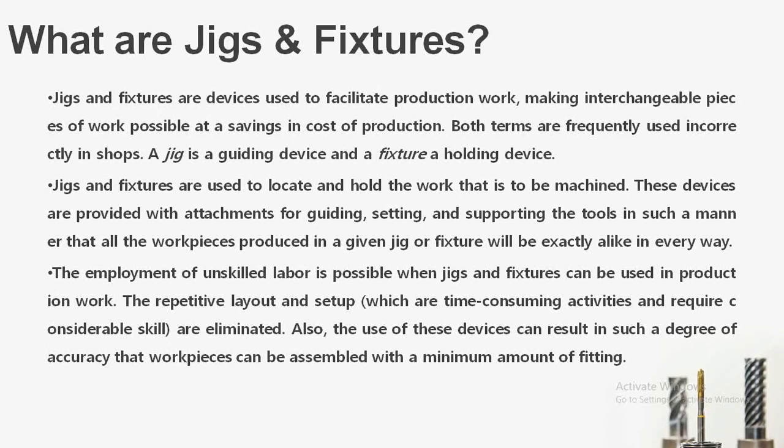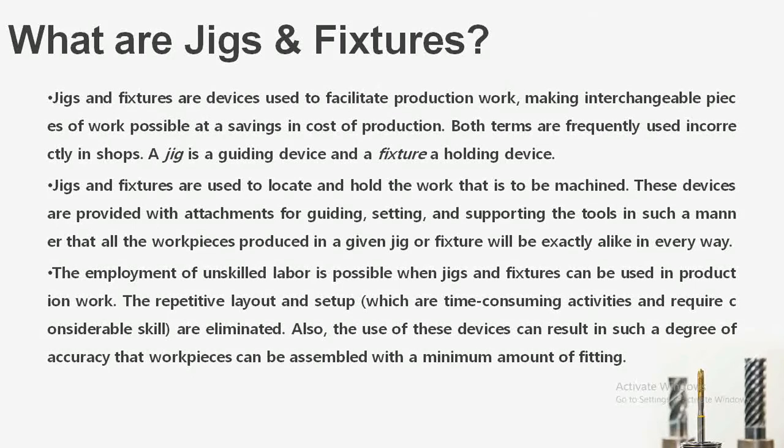Now here, why is there necessity of a jig and fixture? Jig and fixture is necessary because whenever an operator is operating on a drilling machine or any machining for any workpiece, there is a chance that the operator may not know each and every point, each and every dimension or location of the workpiece or exact location of certain machining operation.